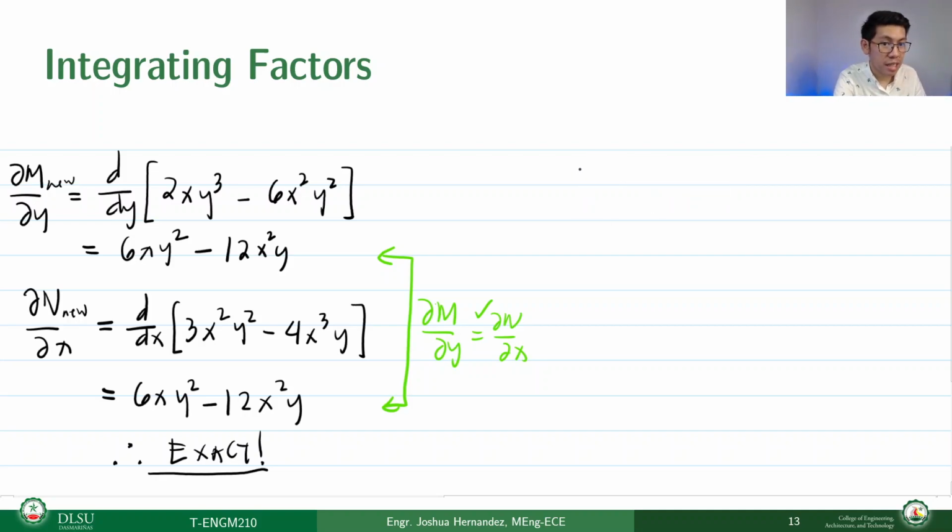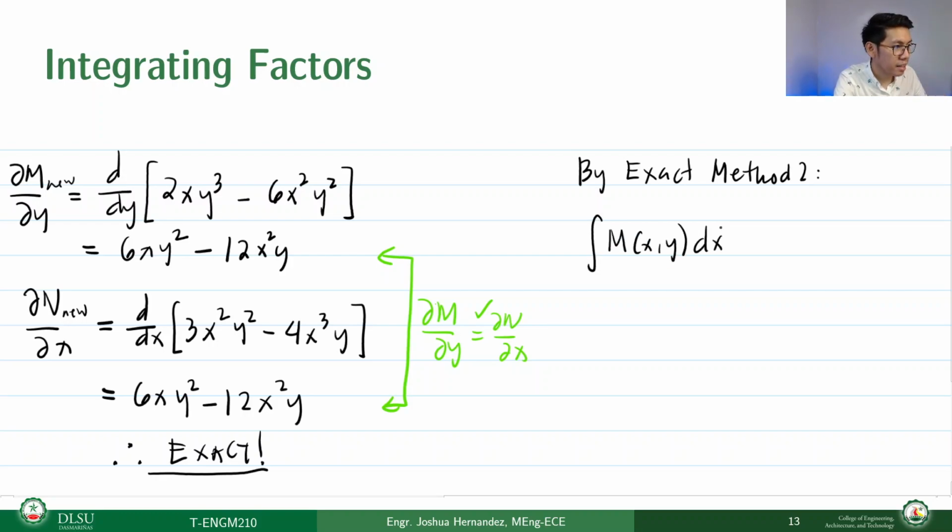We can actually proceed and solve this exact equation by exact method 2, taking the integral of M(x,y) dx and the integral of N(x,y) dy, and then combining them later, merging them. We're going to get a solution in the form of f(x,y) equals C.